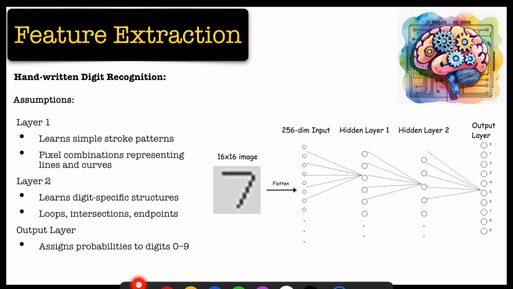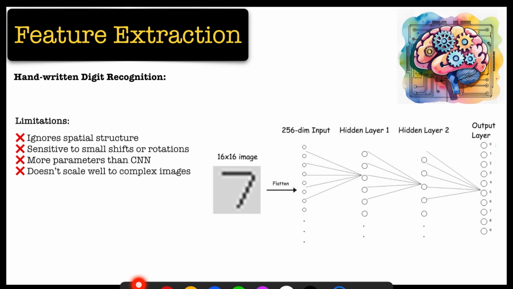Layer 2 might learn digit-specific structures like loops, intersections, endpoints, etc. And at the output layer it will assign some probabilities to digits 0 to 9. So these are our assumptions about what different layers might be learning. The earlier layers learn small patterns, and as we move up, the higher-level layers learn complex structures from the image.